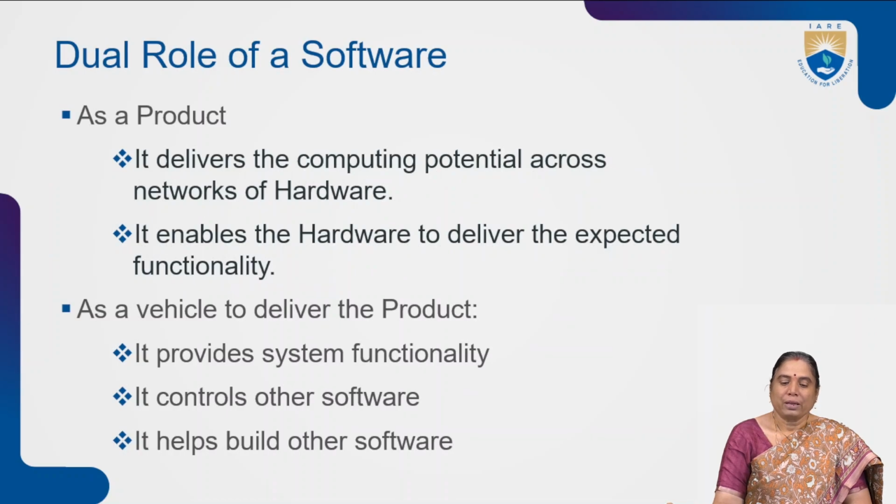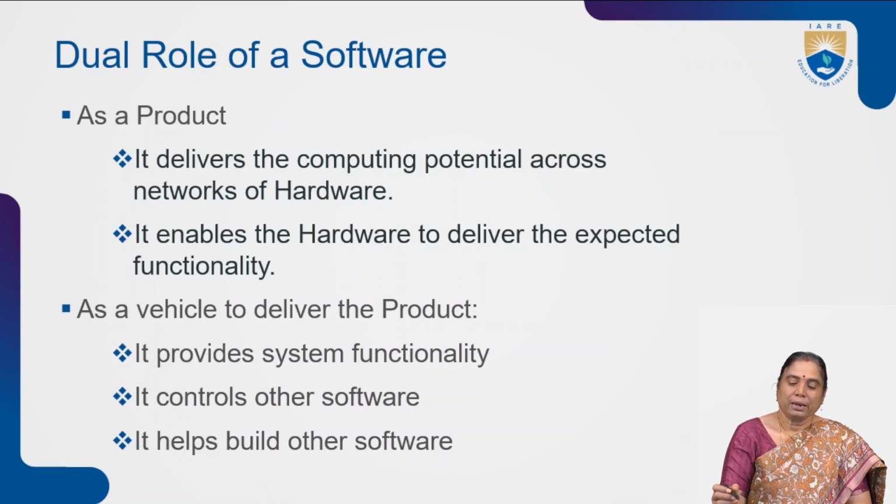What is software? Define the dual role of software. Software can be viewed as a collection of programs, data structures, and documents in the software engineering perspective. It serves two roles: one as a product, and the second as a vehicle to deliver the product.